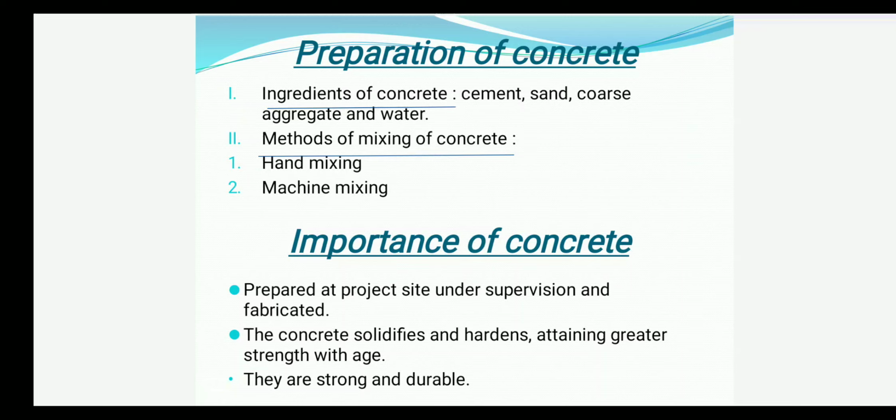So concrete is nothing but the mixture of cement, fine aggregate, coarse aggregate, and water. Mainly there are two methods of mixing of concrete. The concrete may be mixed by using hands, known as hand mixing, or it is mixed by using a machine, which is machine mixing.